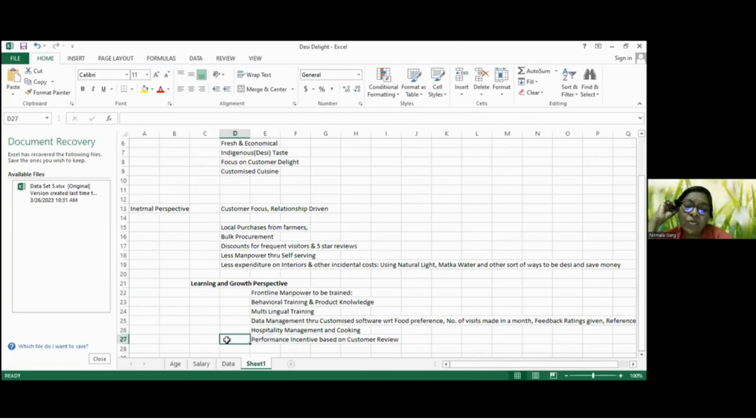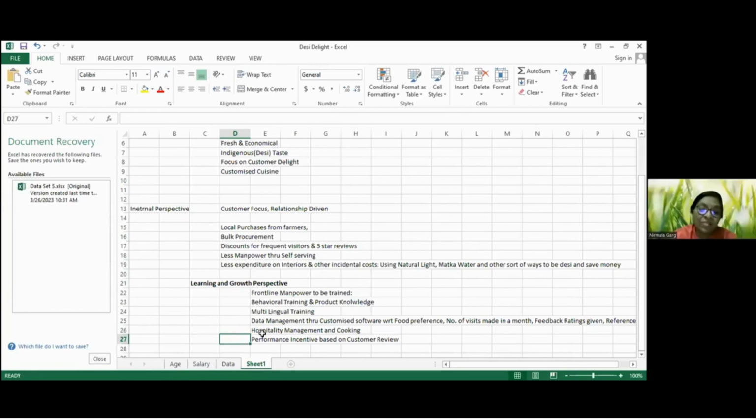If you are introducing new cuisine, that means production. That's true, ma'am, but for that we need to train the existing staff. So you are saying training your chefs, and then incentivizing the cooks and chefs based on customer reviews.